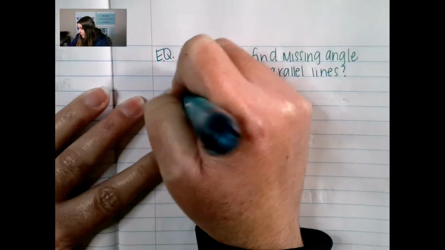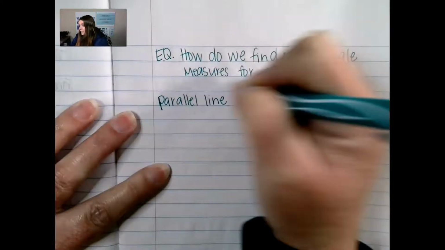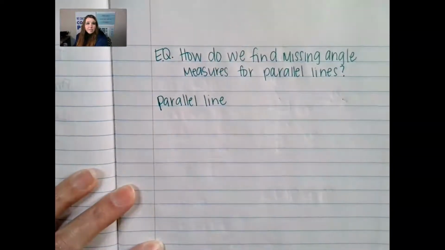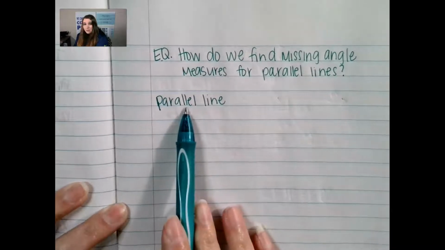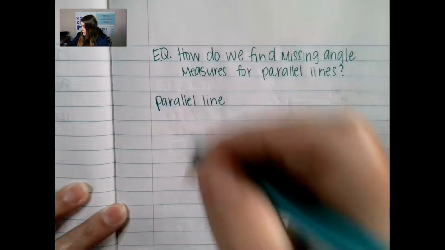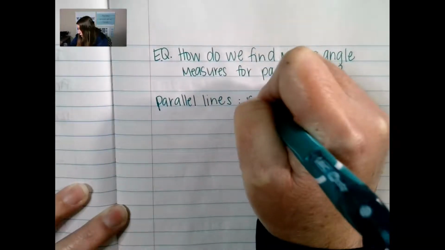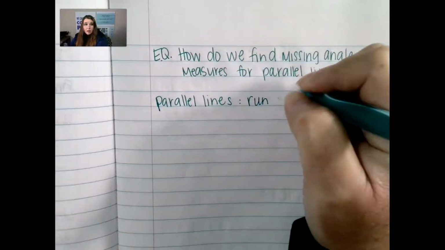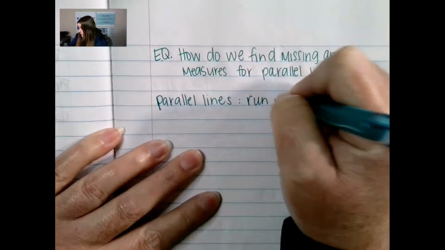So a parallel line is a set of lines that run next to each other, like these two L's right here, and they never ever touch. So parallel lines run next to each other and don't touch.